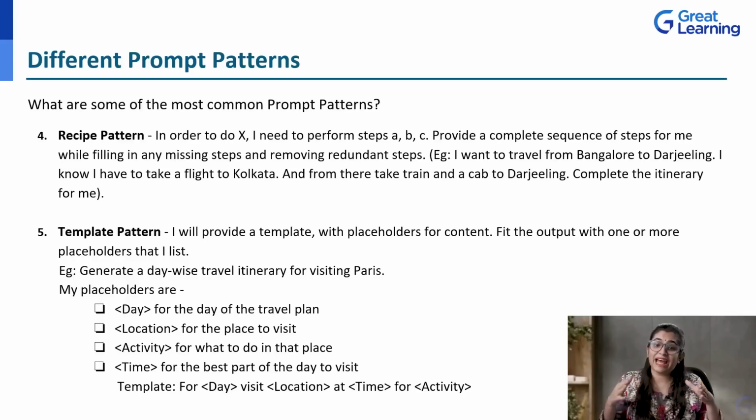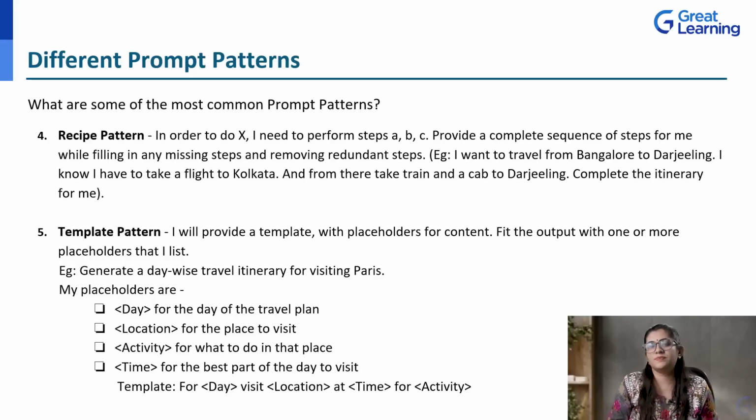This is my entire template, and how I want the output, it's indicated for day, visit, location, at time, for activity. So if ChatGPT generates, it will give you for Monday, visit location X at time noon, for activity visiting museum, for example.